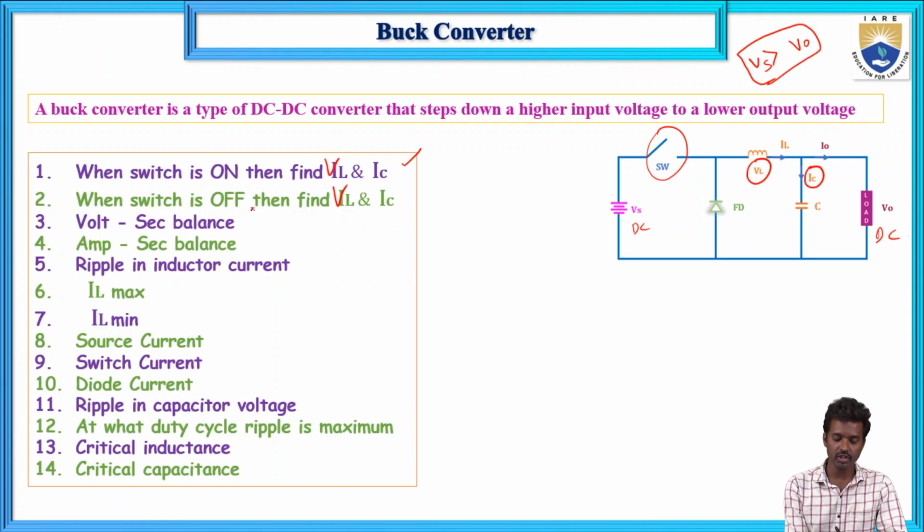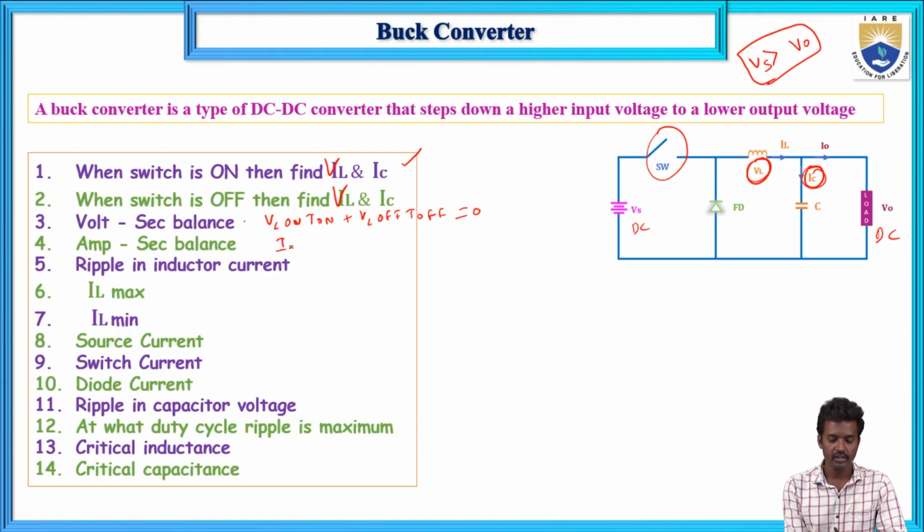And when the switch is off, find the inductor voltage and inductor current. Next, volt second balance: VL on T on plus VL off T off equals 0, which we will discuss.